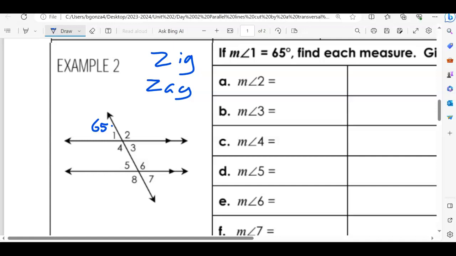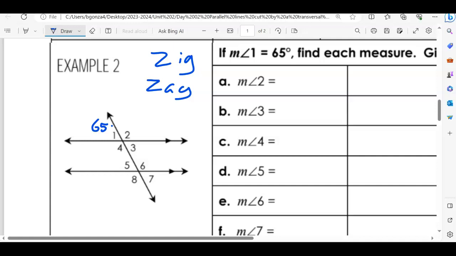Acute. Now, so angle 1 is acute. Now, I want you to notice angle 3 is also acute. Angle 5 is also acute. Angle 7 is also acute. What do you think is going to be true about all those angles?